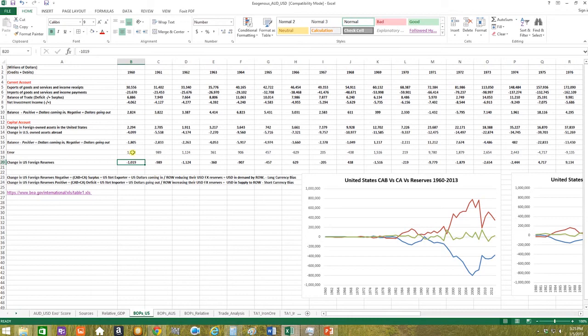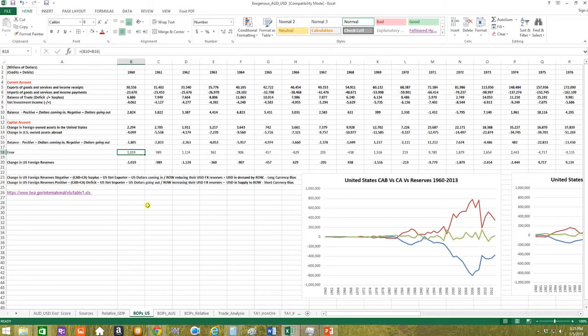So basically, when we think of this in big numbers terms, this number here is the amount of US dollars coming in, therefore $1 trillion coming in to the United States in 1960. And that number represents, again, $1 trillion of US dollar reserves going down by $1 trillion in the rest of the world.